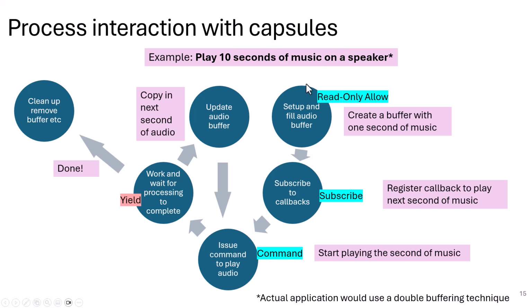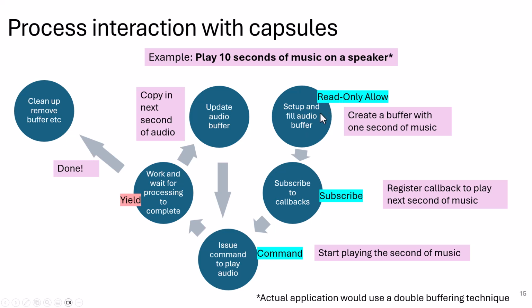The first thing for playing the music is that audio buffer in the user process. So the user process wants to tell the kernel, or a capsule in the kernel, hey, I want you to take this buffer of audio data and play it out the hardware speaker.